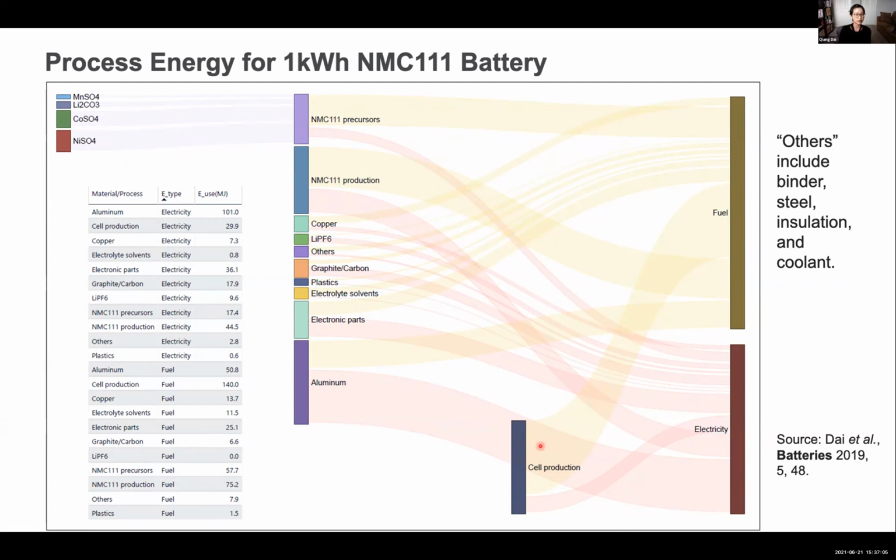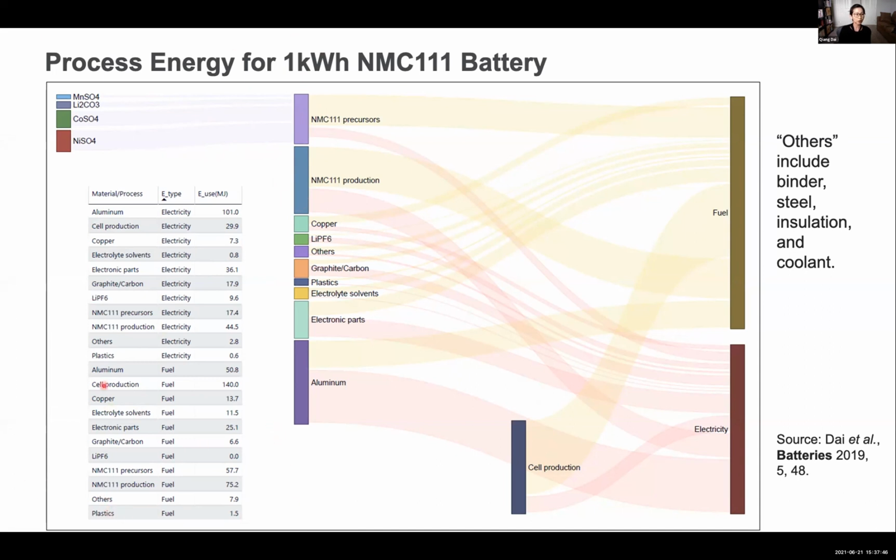From this graph, we can see that cell production is a very energy intensive step because of the electrode drying process and the operation of the dry room. Another major energy consumer is the production of the cathode material, including the production of the upstream materials and the production steps for the cathode powder itself.